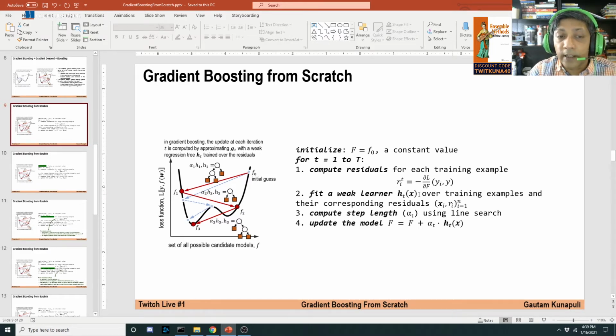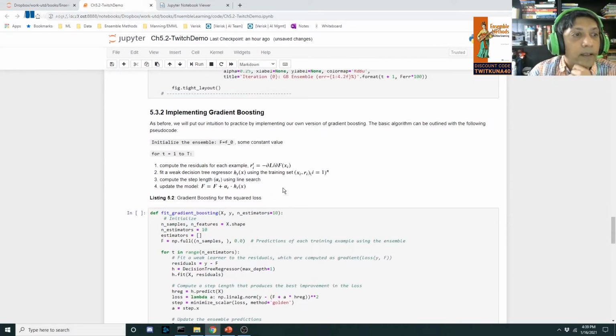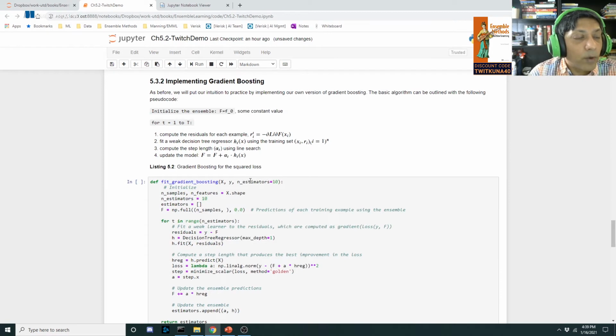This weak learner is a decision tree regressor in our case, and that is what we're going to be implementing. And then there's also going to be a step length over here. This is written up here as well.